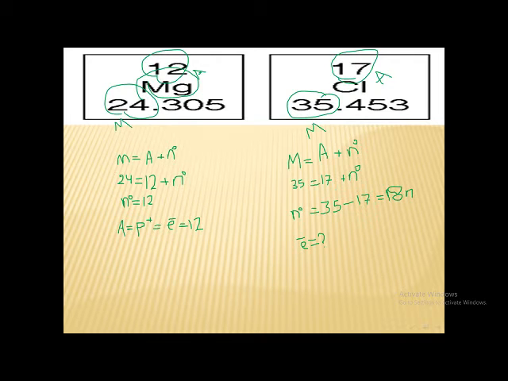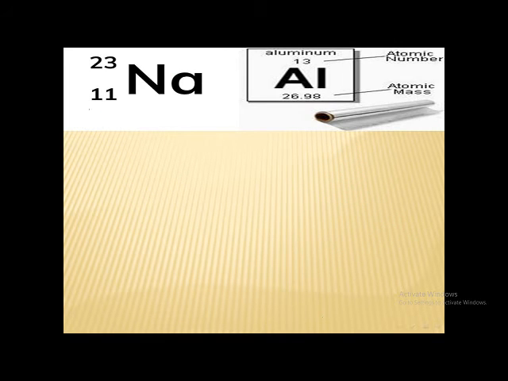So the number of electrons is the same as the number of protons, which is the same as the atomic number. So we have 17. Yeah, so we solved this.